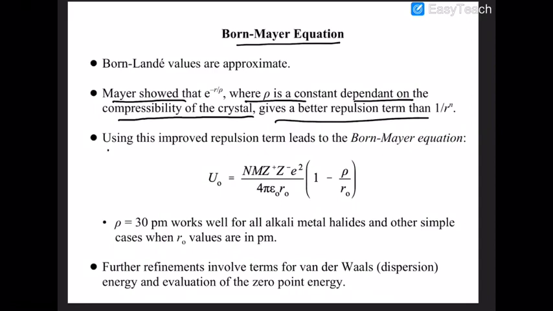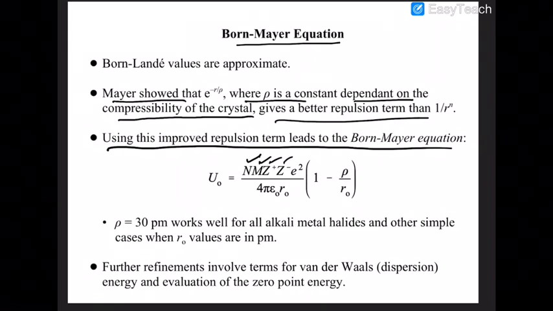Using the more exact repulsive interaction, the Born-Mayer equation has Avogadro number, Madelung constant, cation, anion, e square by 4 pi epsilon naught R naught. That value is the attractive interaction similar to that of the Born-Lande equation. The only thing is that this is Born-Mayer.